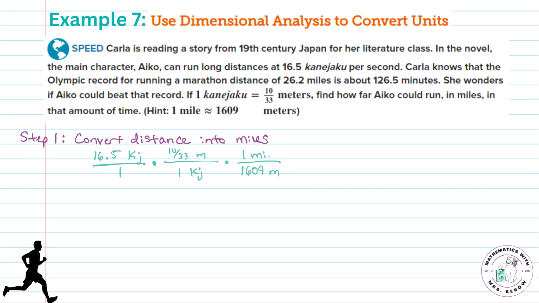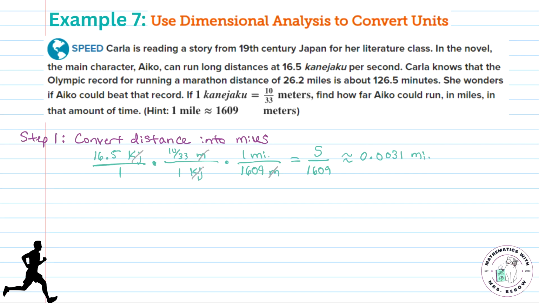If we set it up correctly, our labels are going to cross cancel, which they do. And then multiplying across the top, we actually end up with 5, and then on the bottom we have 1,609. Dividing that out, we get approximately 0.0031 for miles. So 31/10,000ths of a mile. So we converted our distance into miles.